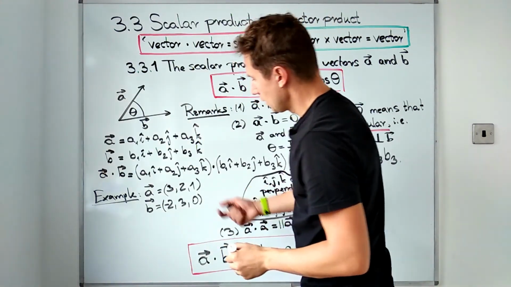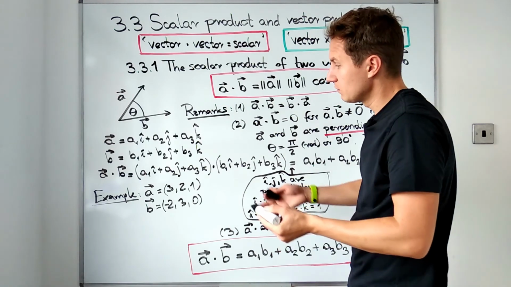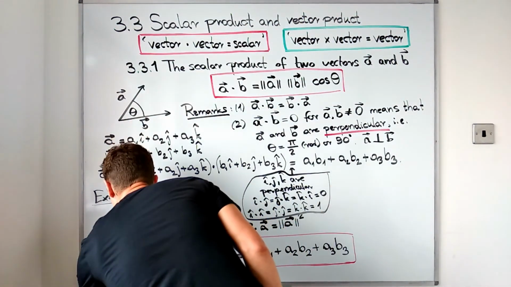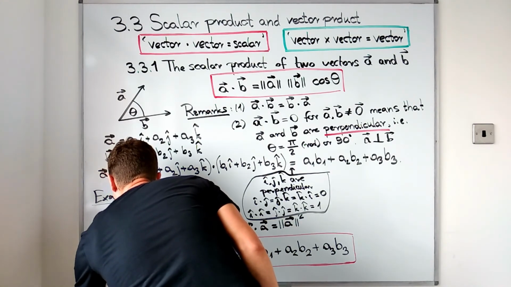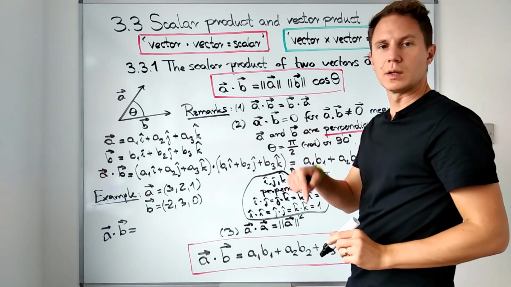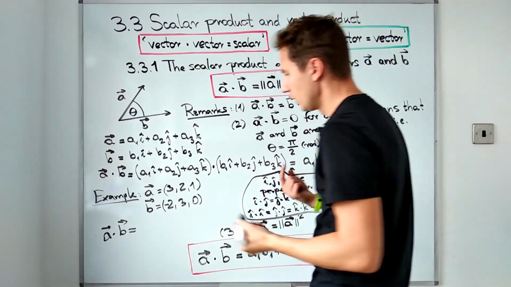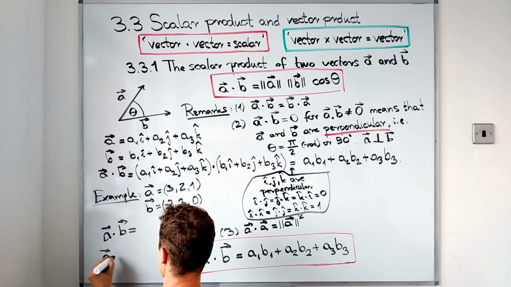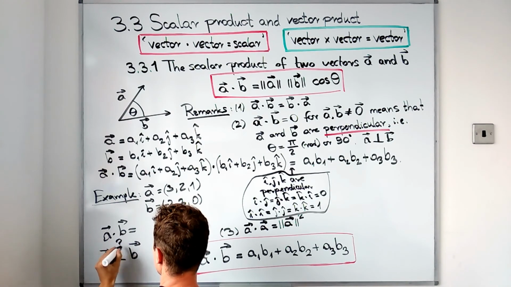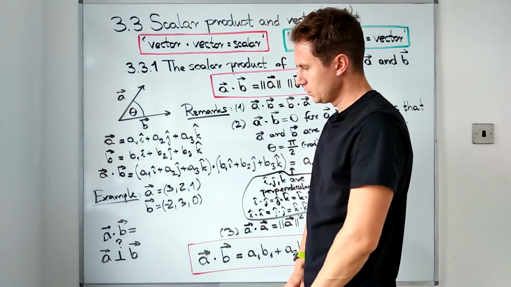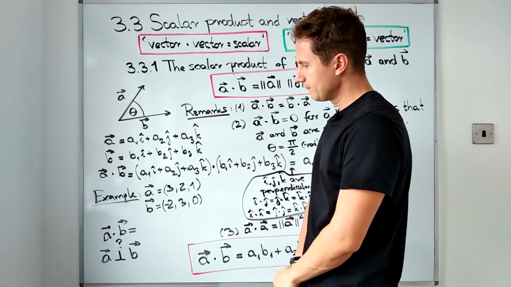My request is for you to calculate the scalar product and input that number that you get in the box below, and also decide whether A and B are perpendicular or not. So pause the video and use the boxes below to solve this.